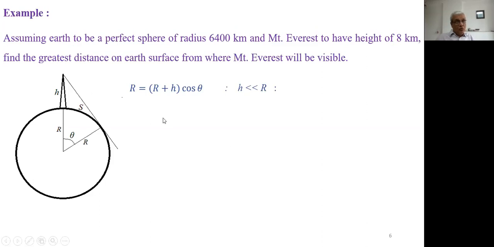For h very, very small compared to r, you can write cos theta as r upon r plus h.